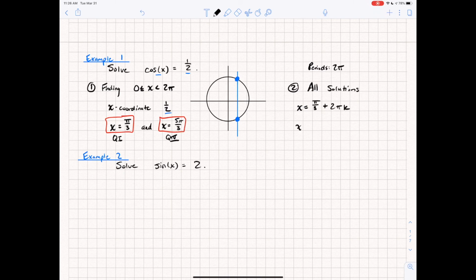Well, this is also true for if x is 5 pi over 3. Every coterminal angle would work. Here are my solutions for all possible answers. K is an integer.